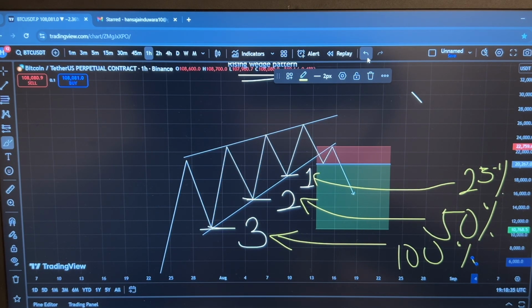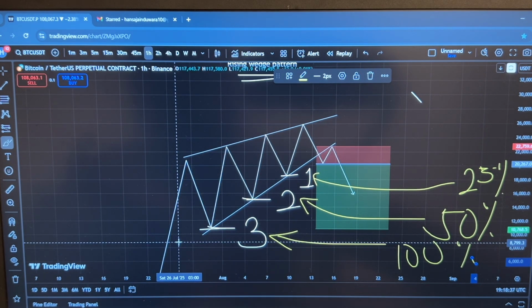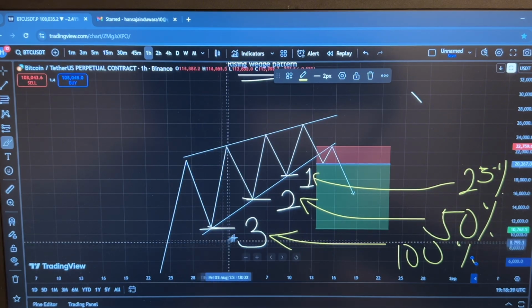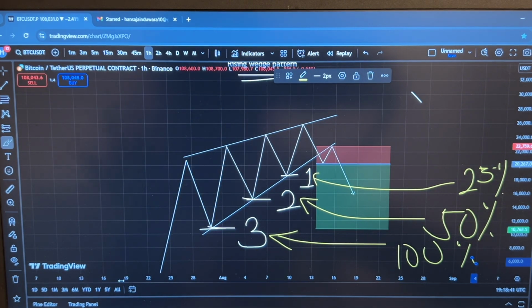If not, if there are 4 levels, just go for 75% and go for the 100% for the 4th one. I hope you guys actually understood what I'm trying to say.